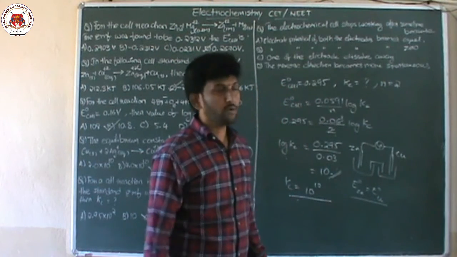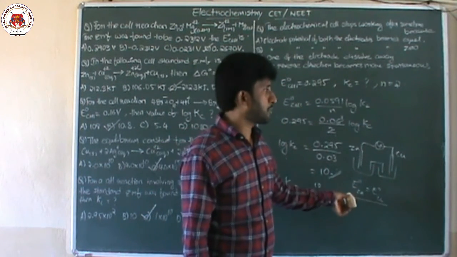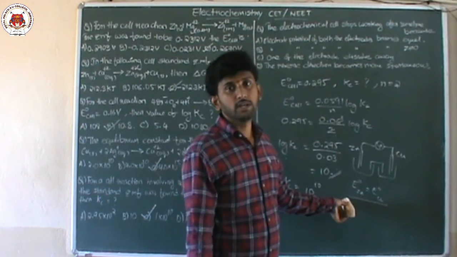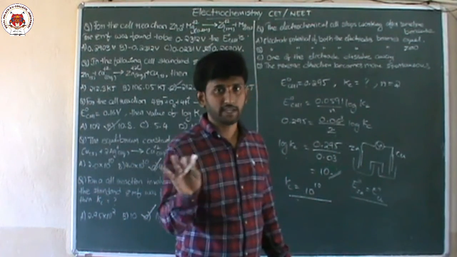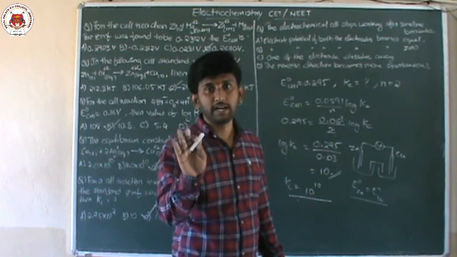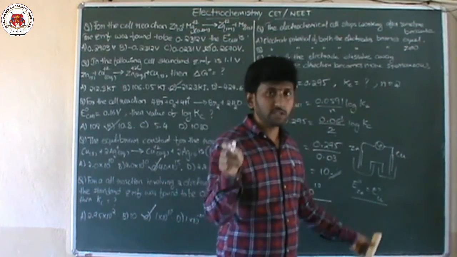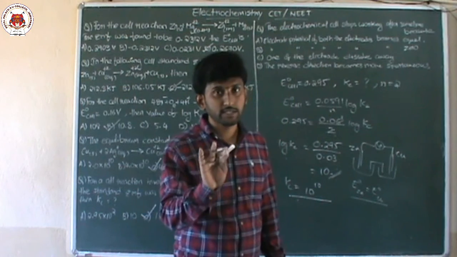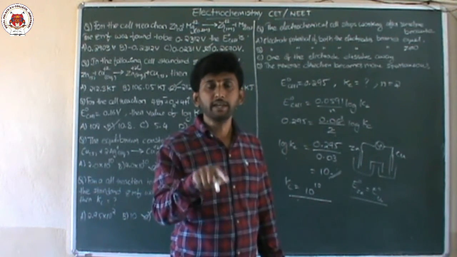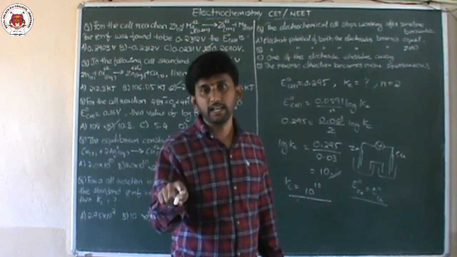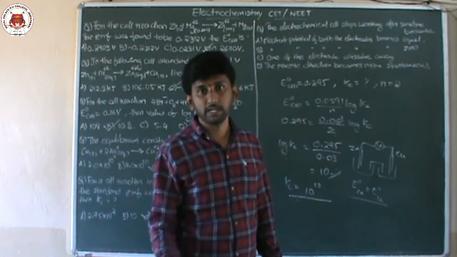So equilibrium is attained in this reaction, and at that point the cell shows 0 volt. 0 volt means the cell stopped working, but it does not mean that the potential of the zinc electrode is 0 and the potential of the copper electrode is 0. No, both potentials become equal. That's why the net EMF of the cell becomes 0. That is the state where equilibrium is attained.